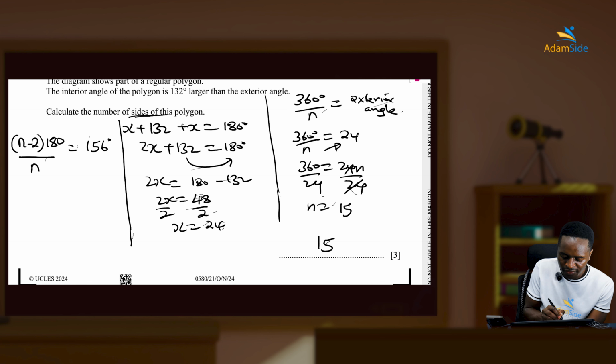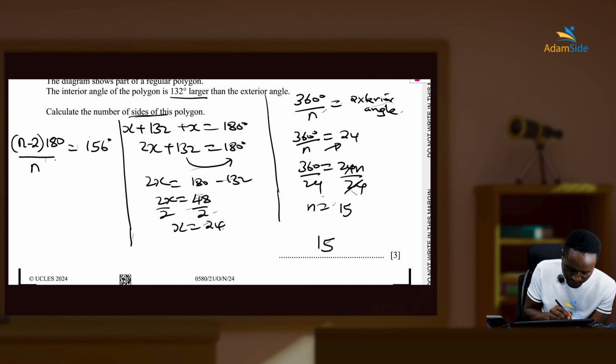The interior angle is 132 larger than the exterior angle, so 24 plus 132 gets 156. So the interior angle is equal to 156, and this is the formula to get one interior angle: n minus 2 times 180, divided by the number of sides.